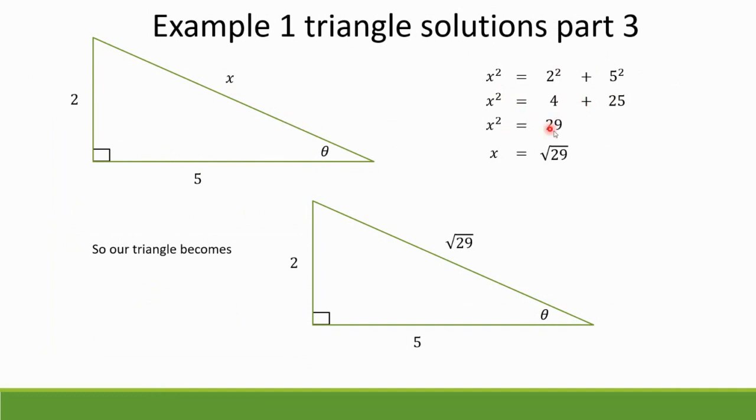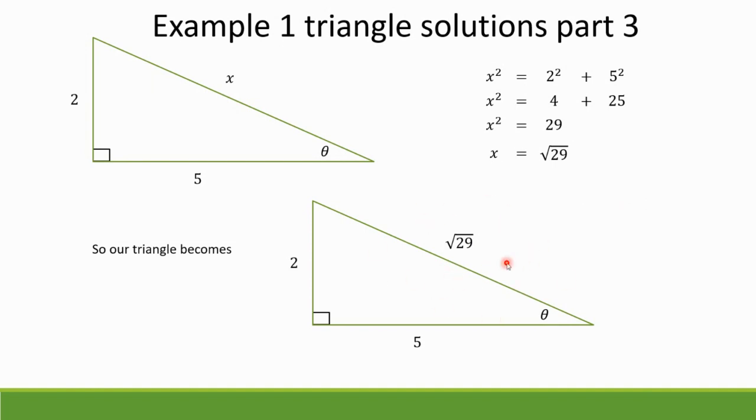So x squared is 29. Thus, x is the square root of 29. And you don't have to simplify this. In fact, you can't, because 29's only factors are 1 and itself. In other words, it's prime. Okay, so this is our right triangle here.